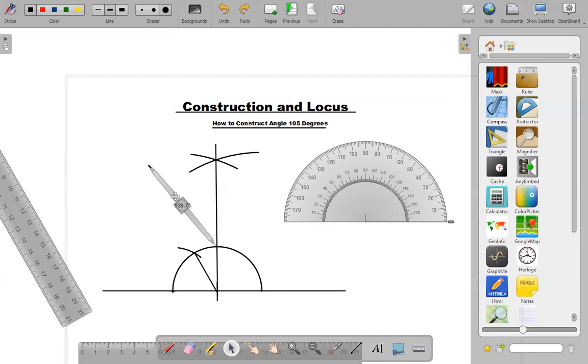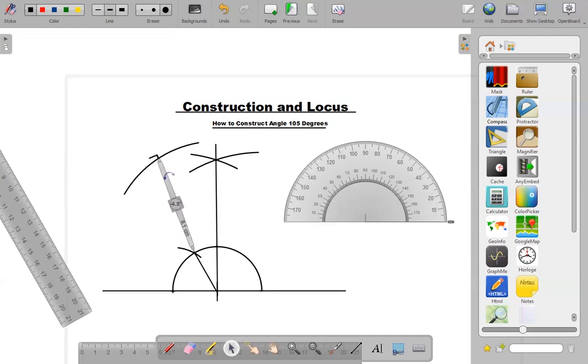Place the stick point here. Then make an arc. Now shift the stick point to this place. Let's check whether it's there. I think it's there.